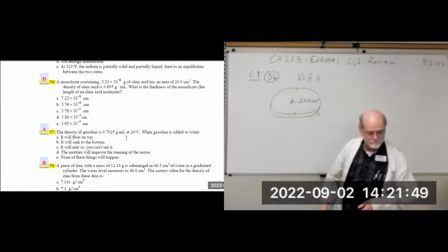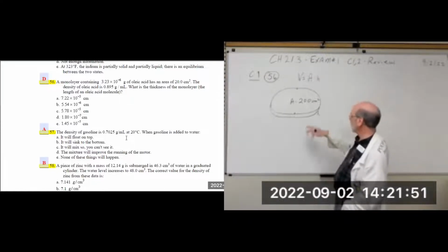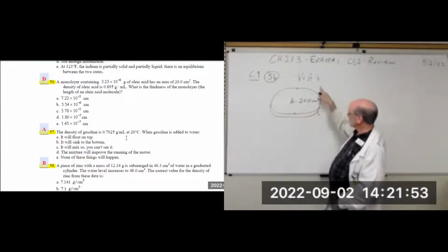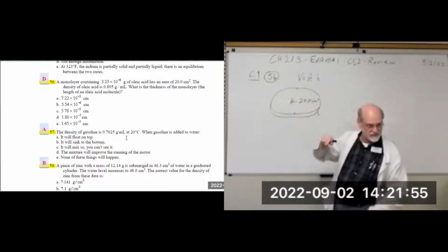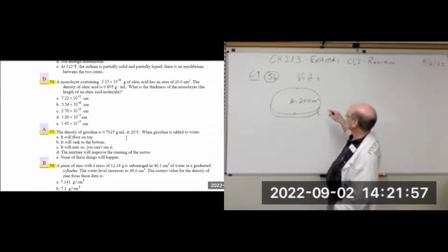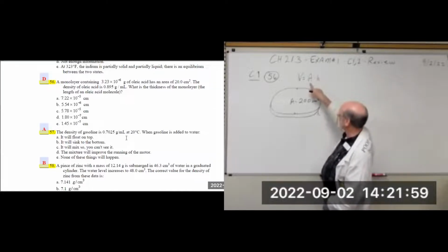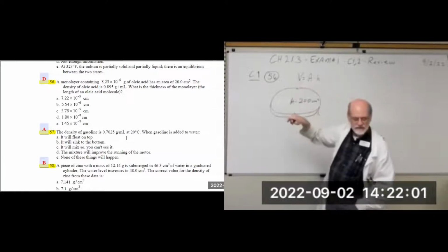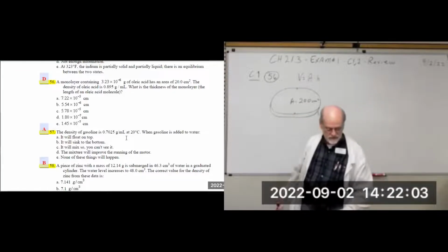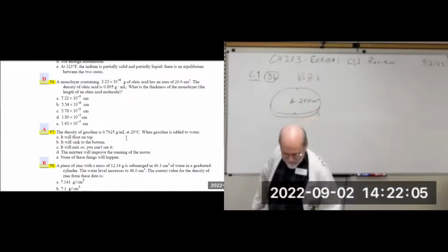Okay? We know what the area is. We're actually searching for the height. So what else do we need? We have the area. We need the volume. What's the volume of that cylinder? Well, we get that information from the density.